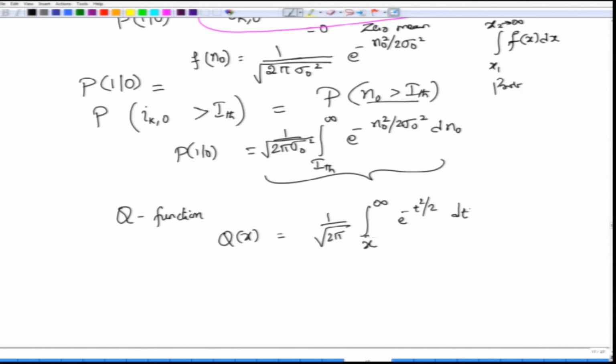This particular Q function is simply telling you the probability that for a 0 mean unit variance random variable, what is the probability that the random variable will take on a value that is greater than or equal to x, and that is what the Q function will tell you. So, you can rearrange this one, we are going to talk about that in the next module, and complete the expression for the probability of error. Thank you.